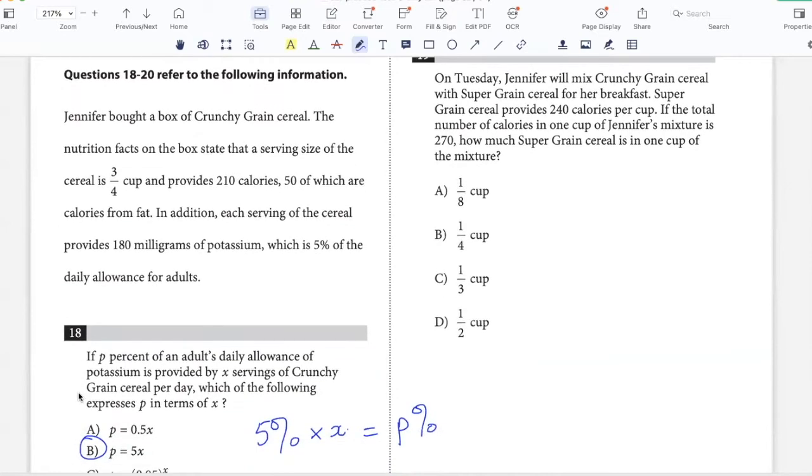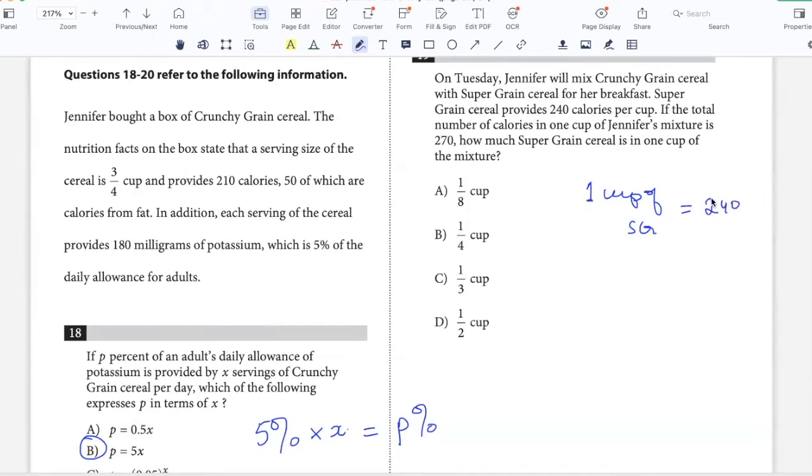On Tuesday, Jennifer will mix crunchy grain cereal with super grain cereal for her breakfast. Super grain cereal provides 240 calories per cup. If the total number of calories in 1 cup of Jennifer's mixture is 270, how much super grain cereal is in 1 cup of the mixture? Okay, so 1 cup of super grain provides 240 calories.